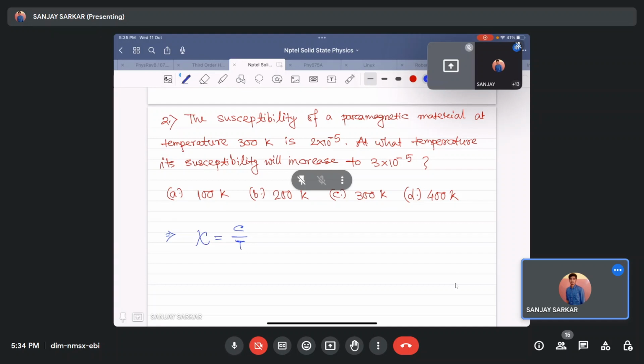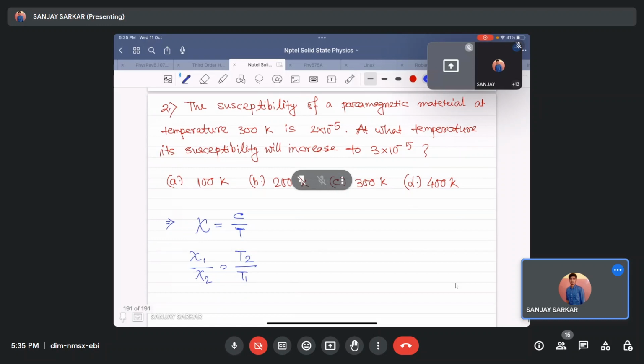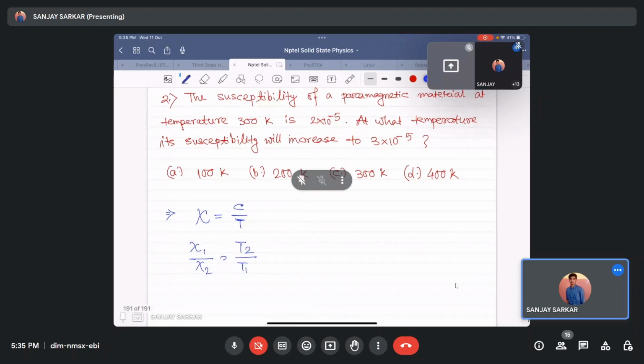C is the constant, then chi1 by chi2 will be T2 by T1. In our case, chi1 is 2 into 10 to the power minus 5, and chi2 is 3 into 10 to the power minus 5. Then T2 we need to calculate, and T1 is given 300 Kelvin.